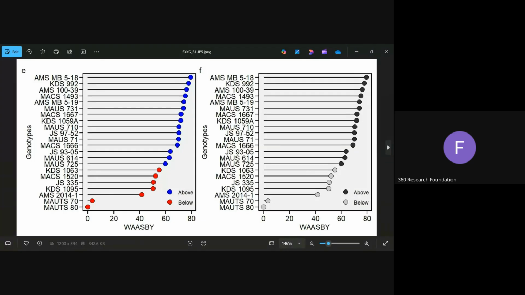So this model will take not only mean performance, but it will take stability also. So the concept is same, like blue is above average and red is below average. But here, as this is not based on only the average value, that's why that line is not there.